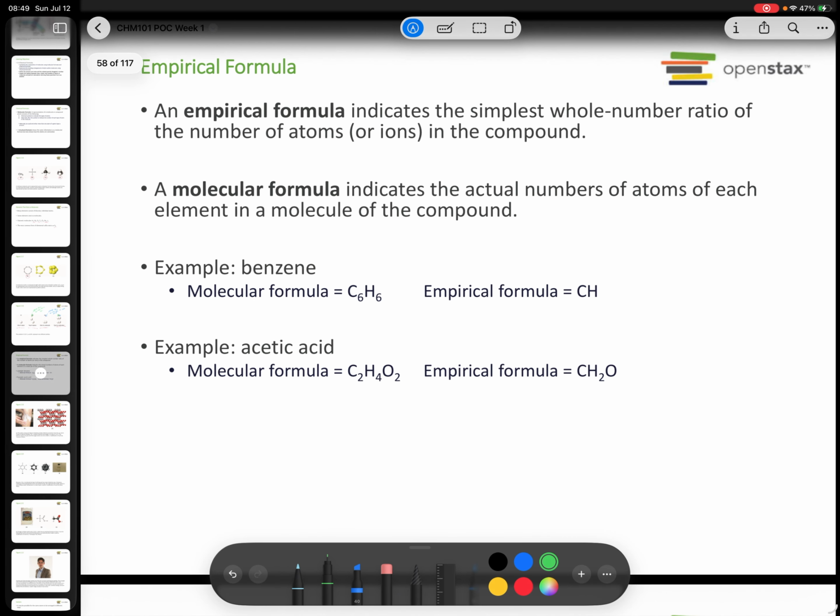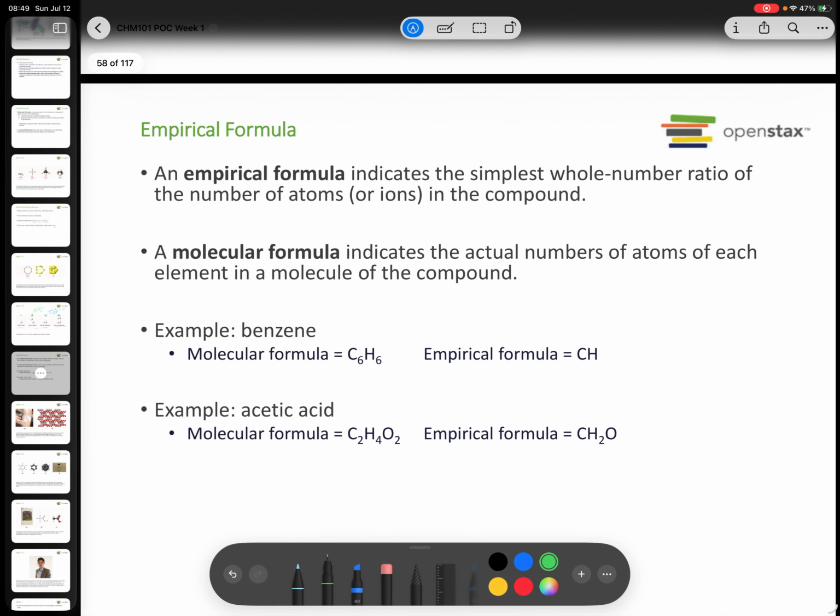Okay, next. When it comes to the empirical formula, it gives us the simplest whole number ratio of atoms or ions in a compound. Okay? A molecular formula gives us the actual number of atoms in a molecule. That is the difference between the two. For benzene, the molecular formula is C6H6.